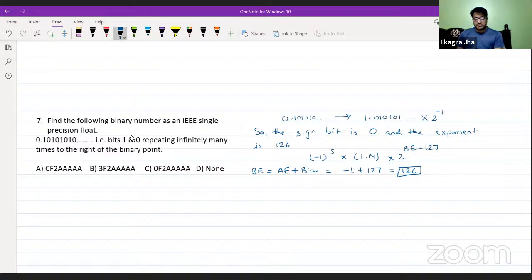About the mantissa. Okay, and to represent this biased exponent 126 as a binary, what should be the binary of 126?